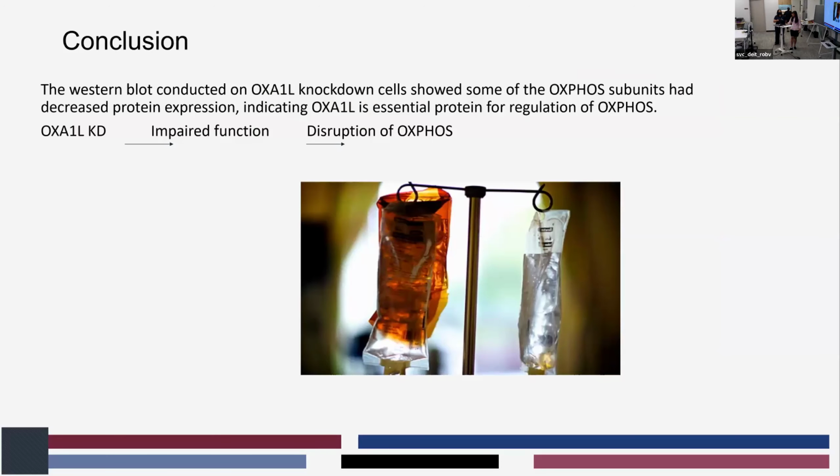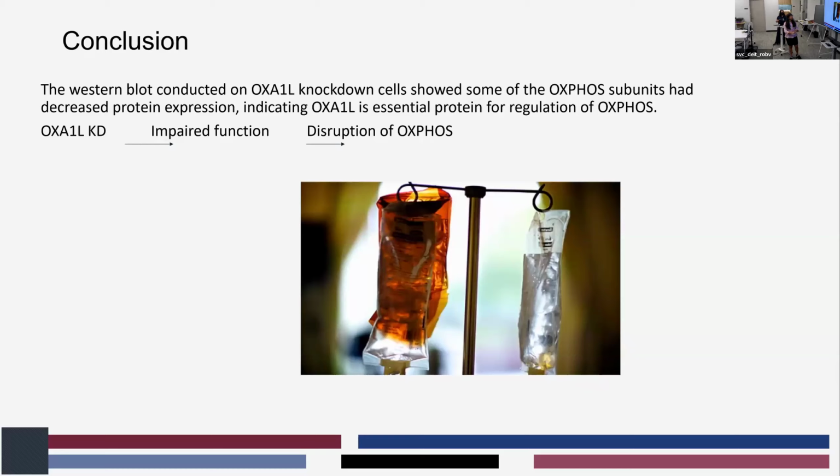And finally, our conclusion here, which is kind of to reiterate the results. The Western blot showed the OXA1L knockdown, and some of the oxidative phosphorylation subunits have decreased protein expression. So what we can say from this is that OXA1L is an essential protein and regulator for that process, as I mentioned.